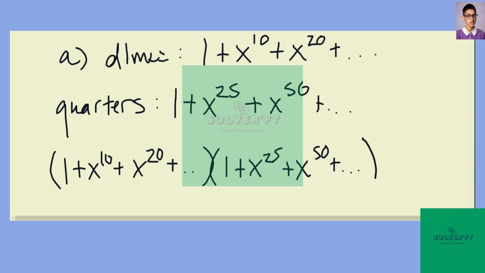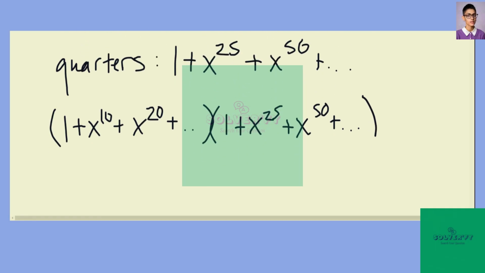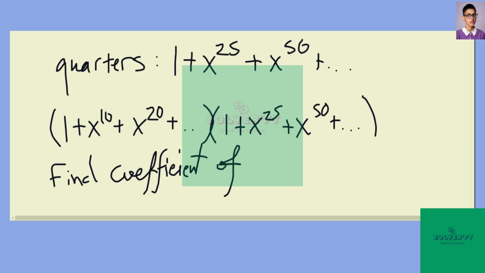In order to find the number of ways to make change for $1, this is the same as the number of ways to make change for 100 cents. And so we want to find the coefficient in this generating function of x to the 100th.